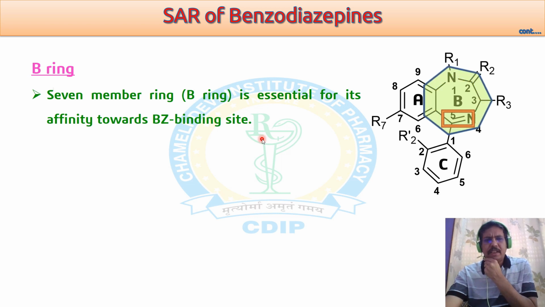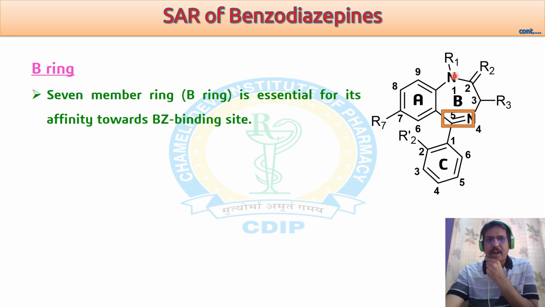The other one is the B ring, where we can go for different modifications. The B ring has 7 members, meaning it contains 7 atoms. Out of those 7 atoms, 5 are carbon atoms and 2 are nitrogen atoms. So ultimately, for the activity, this 7-member ring is essential, as well as the 2 nitrogens.